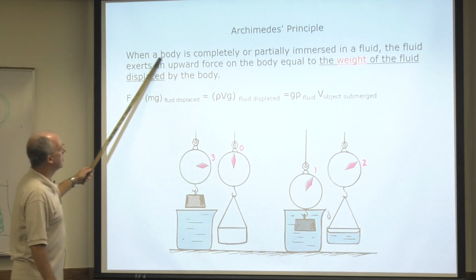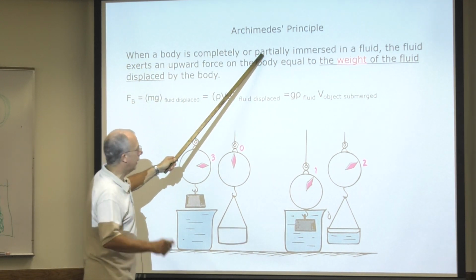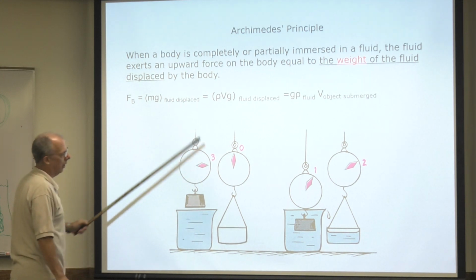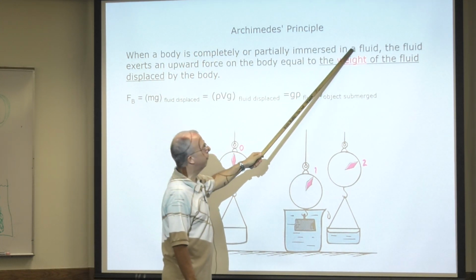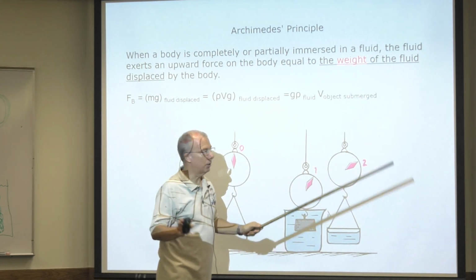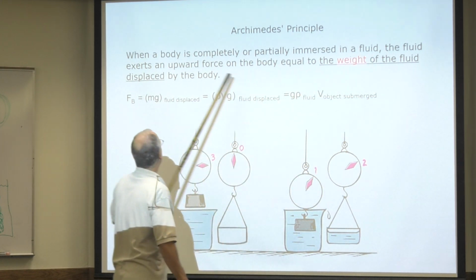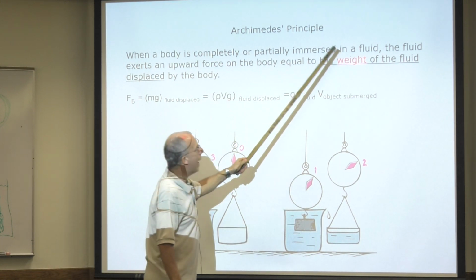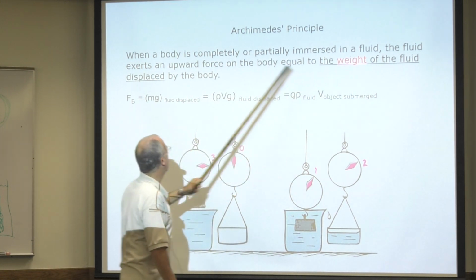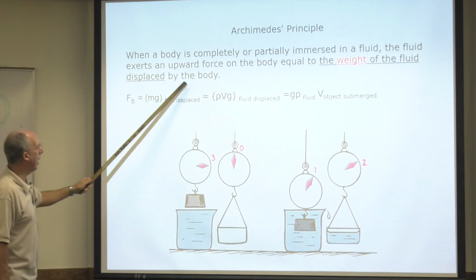When a body is completely or partially, I just described completely, but it also works for partially, immersed in a fluid, this works for a gas too, the fluid exerts an upward force on the body equal to the weight of the fluid displaced by the body.